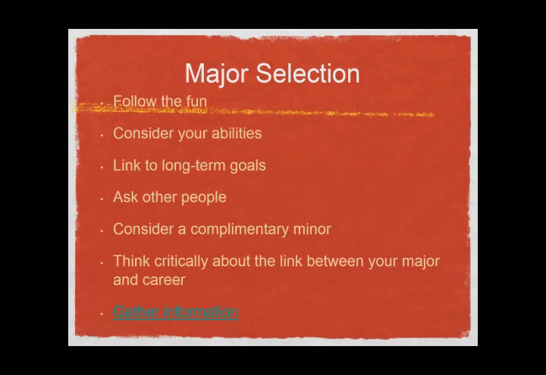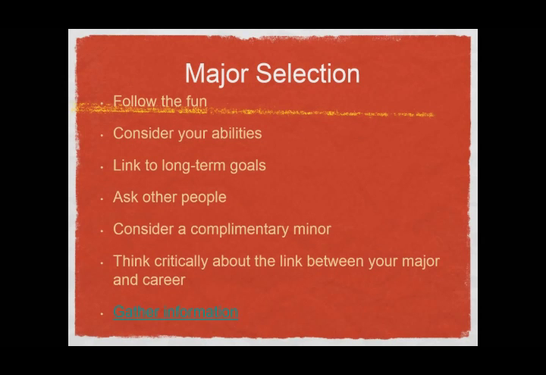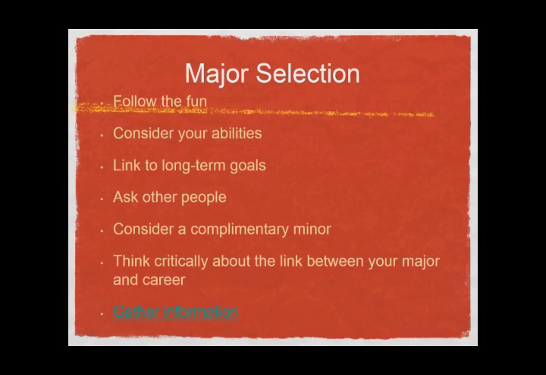So for instance, a student who wants to be a veterinarian could opt for a major in veterinary science, but they could also choose to minor in agribusiness, economics, and management, because they know that one day they'll be running their own practice and will need to have business skills to go along with that. Oftentimes, an effective choice of a minor can help expand your skills and your career options.